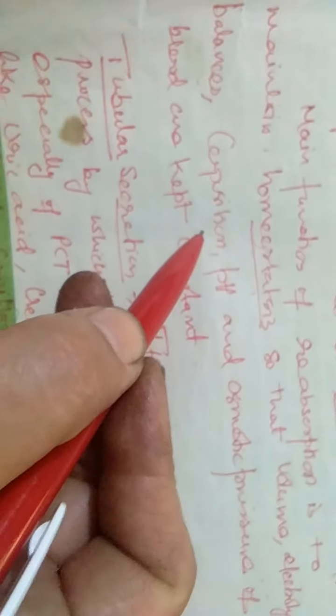Selective reabsorption is actually required to maintain homeostasis and the volume and electrolyte balance of the blood. In fact, the composition, pH and osmotic pressure of the blood are also kept constant due to selective reabsorption only.